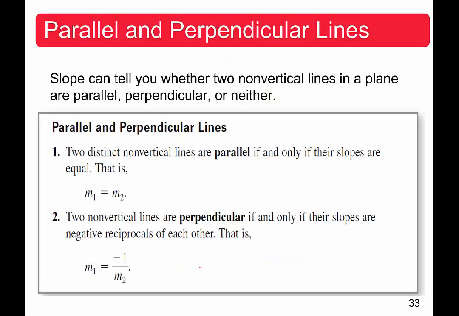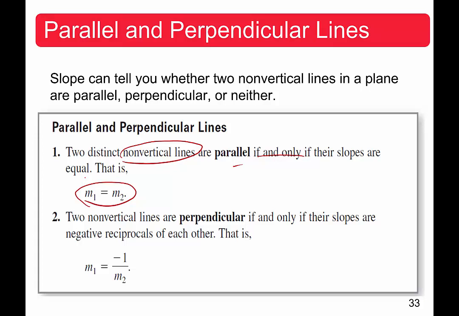I'm going to look at it using the slope. Interpret the parallel and perpendicular lines using the slope. So if two distinct non-vertical lines are parallel, their slopes are the same, so m1 equals m2. If it's a vertical line, then the slope is undefined, so we couldn't use slope to identify two parallel vertical lines.